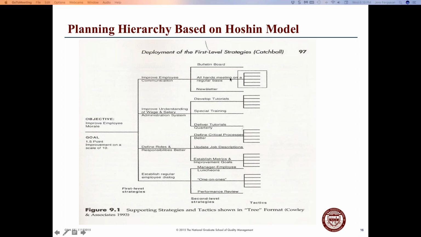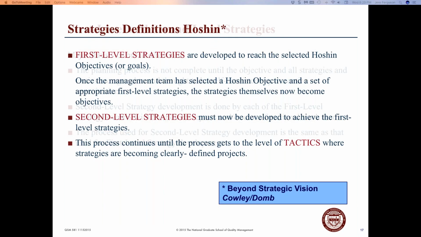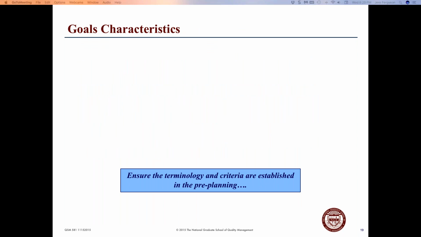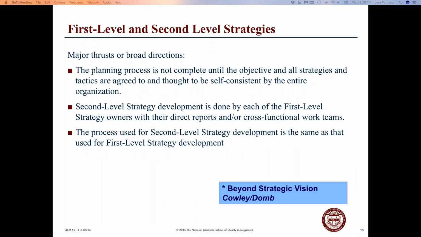And they meet with their teams to come up with the definitions of how to do all of this. So we're constantly, as we move down the organization, working to ensure that we're communicating and involving everybody, in this case, direct reports and cross-functional teams, in the process so they understand the importance of their activities.